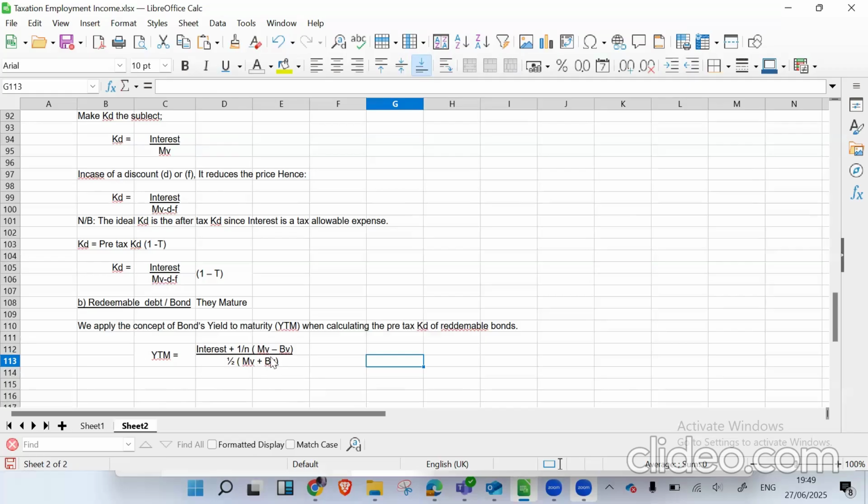Just note where the signs are: top is minus, bottom is plus.